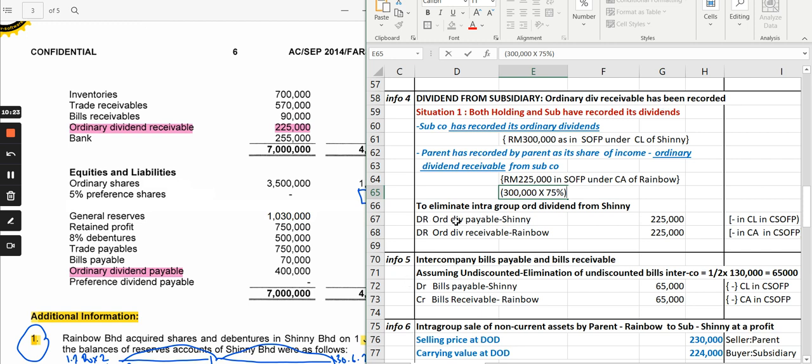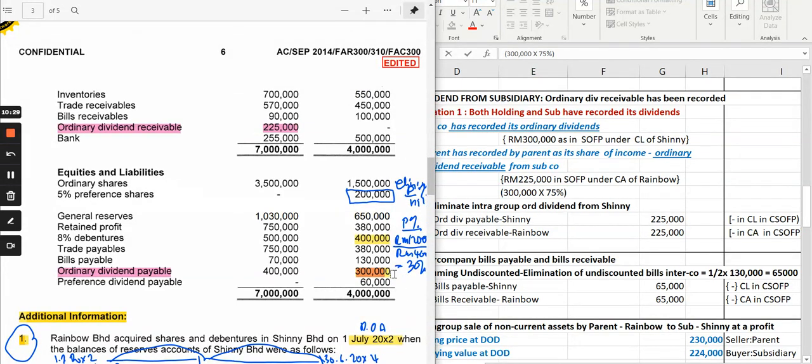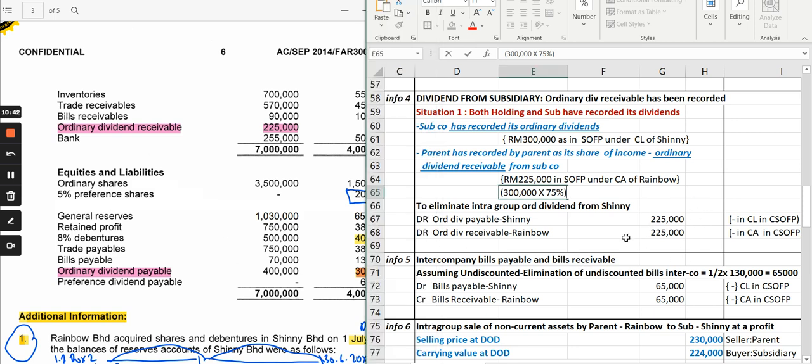So you are going to remove from this 300,000, how much? 225,000, and that will be offset against the ordinary dividend receivable, since these two are intercompany transactions relating to 225,000.